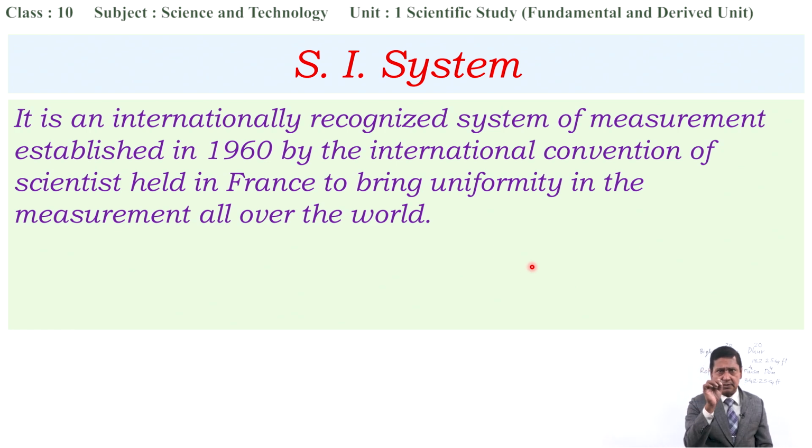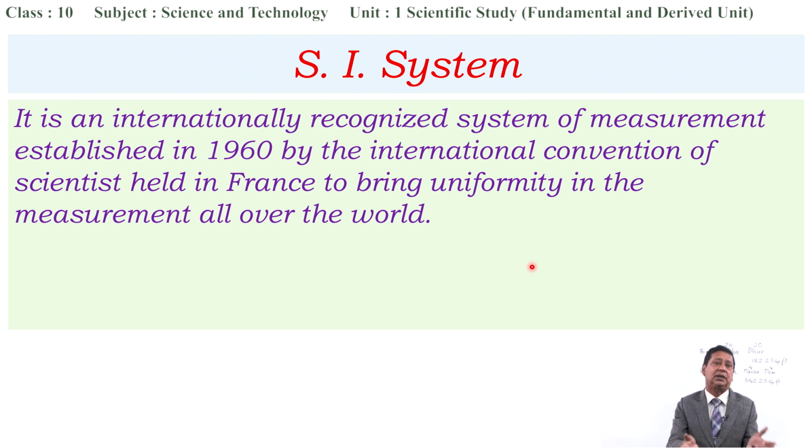You have to be very clear that in scientific study, a scientist may be of Japan, or he may be of India, he may be of America. In different places, there are different scientists working on the same matter, same physics, same chemistry, same biology, and they are using units. While using units, if they use different units in different countries, then they cannot express this measurement to each other very nicely.